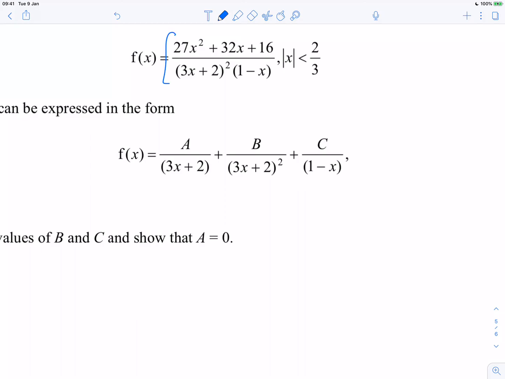If I take this f of x and multiply by the denominator, I will get 27x squared plus 32x plus 16, and this equals the right-hand side, which is this stuff.